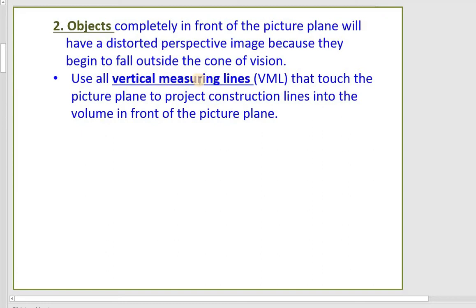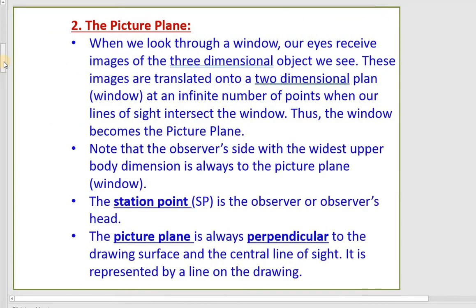Vertical measuring lines, VML, that touch the picture plane to the project's contraction line into the volume and the fronts of the picture plane. That's the definition.